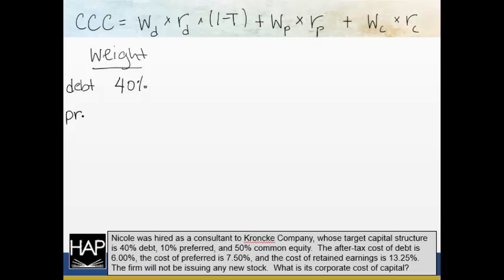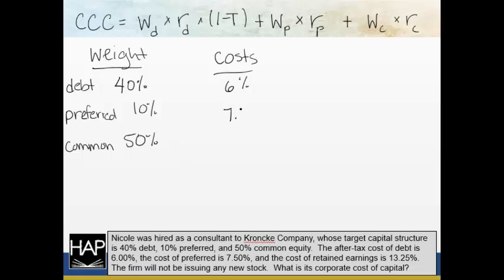The preferred equity is at 10%, and the common equity is at 50%. The costs of each of these is 6% cost for debt, 7.5% for the preferred, and the cost of retained earnings on the common is 13.25%.